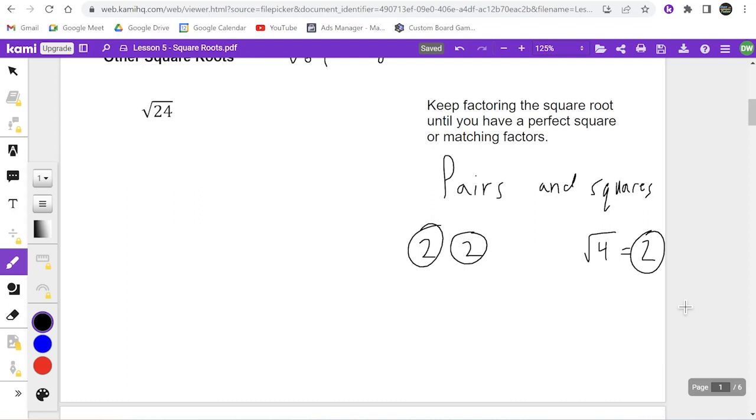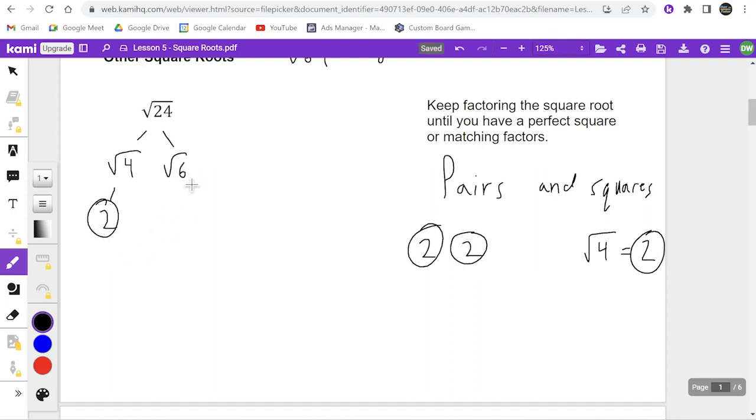Everything else remains. So as an example, let's look at 24. The square root of 24 can break down into root 4 and root 6. Writing the square root here is optional, but I like to write it to remind myself who's inside and outside the square root. Square root of 4 is a perfect square. We know it's 2, and that breaks out.